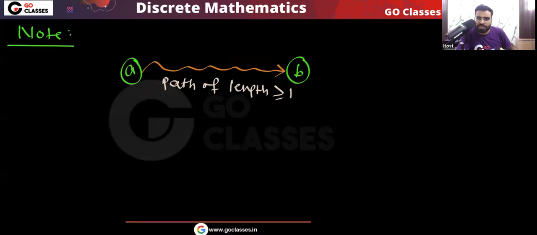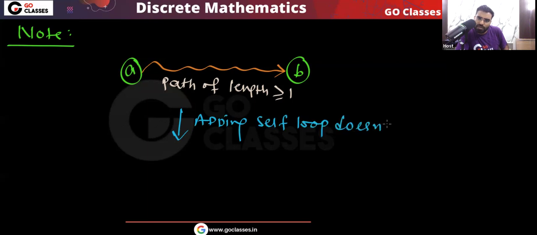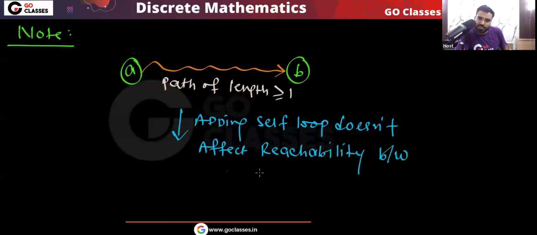Adding a self loop doesn't change the reachability. So one thing you can notice is that adding a self loop doesn't affect reachability between different vertices.